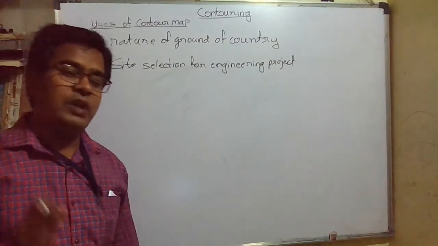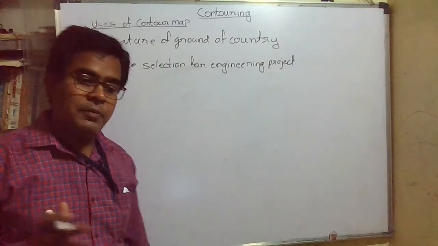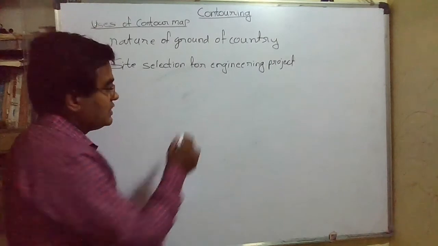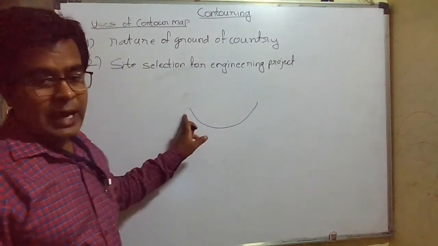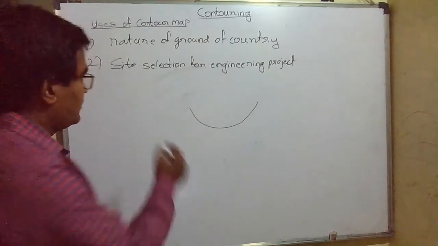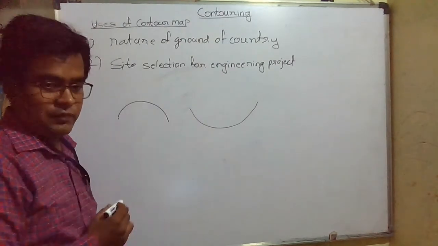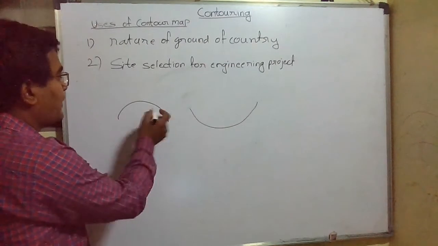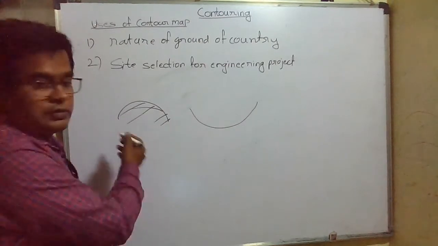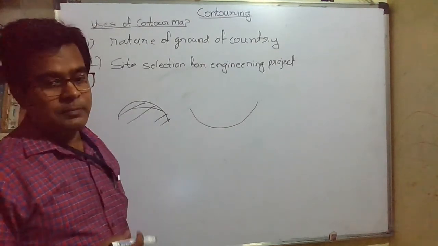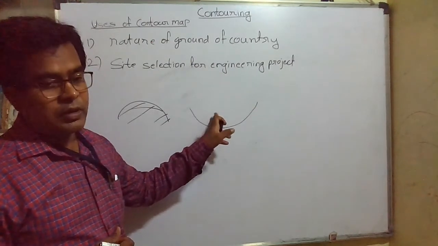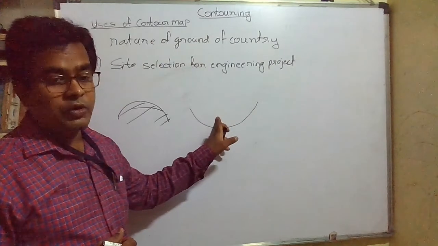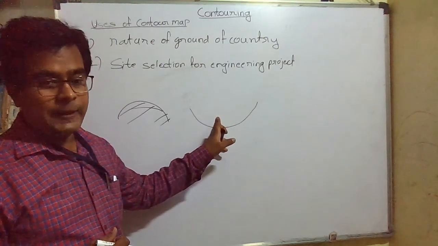Suppose we are selecting a site for a dam, then we need a basin shape, a pot shape. For a dam, we won't select any hill. If we select ground like that, then we have to excavate all of it, and this is not suitable. So for selecting a site for a dam, we always look for a pot-shaped basin-like area.